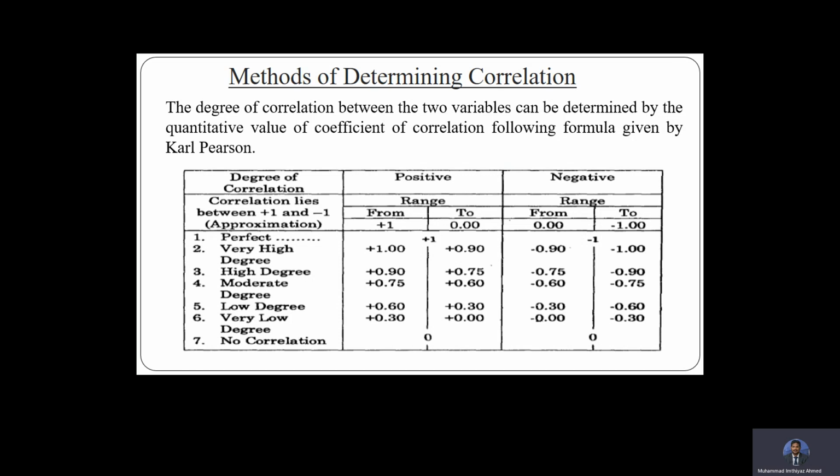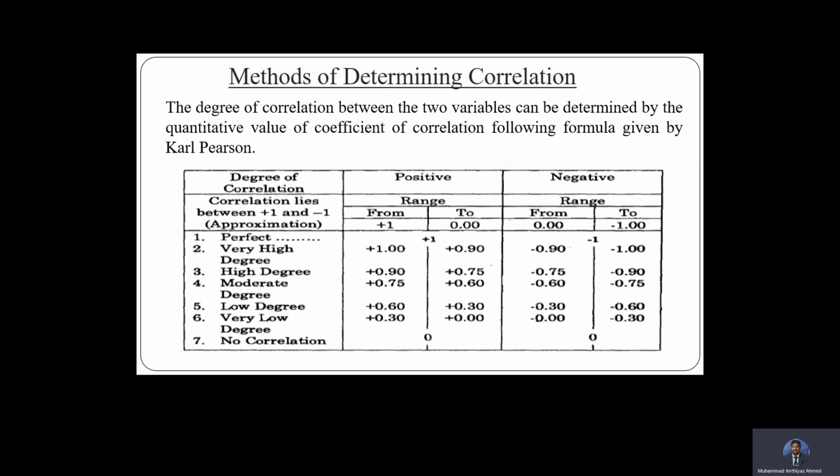Same way, if the result is coming in minus, means negative, we can find after calculating by using the formula, if it is coming in the range of -1 or -0.90, it means very, very strong. Plus means positive correlation, minus means negative correlation. Same method. Only the sign is different. Plus means positive, minus means negative.